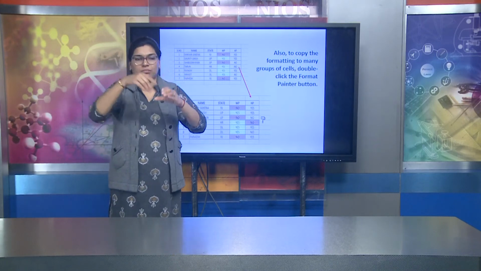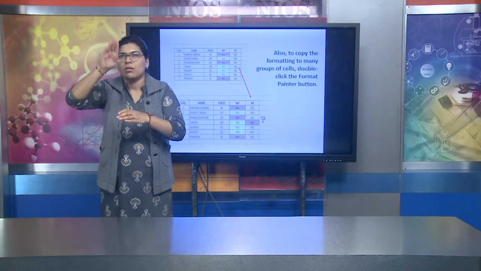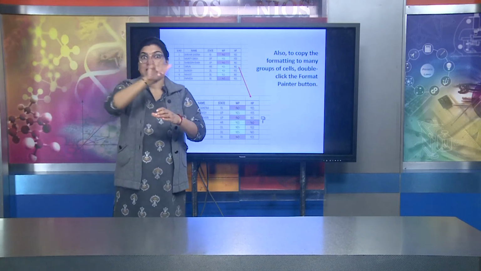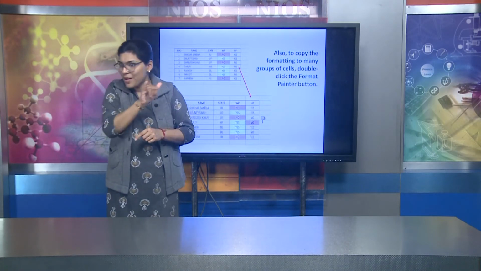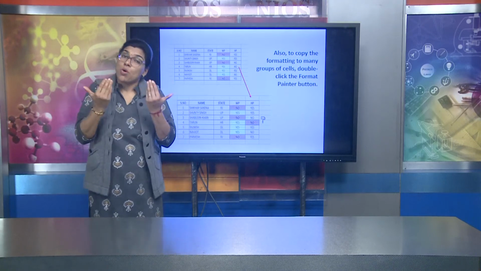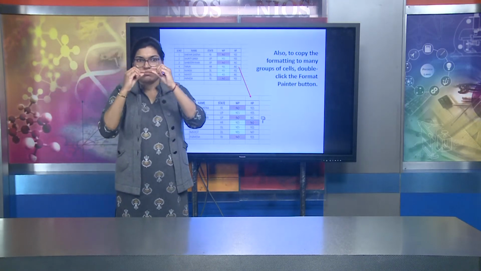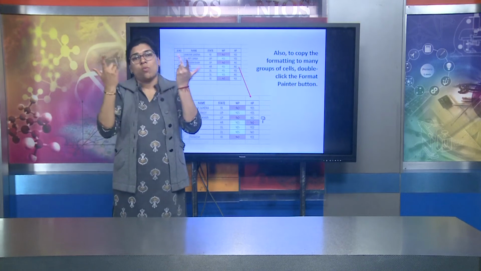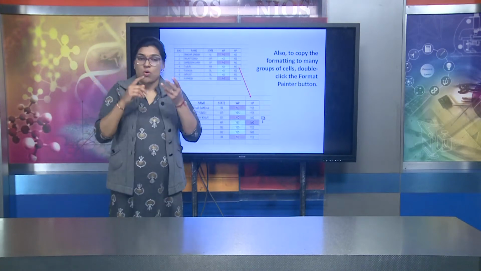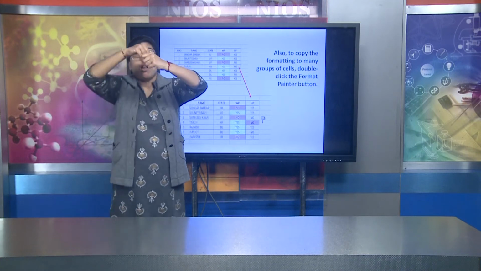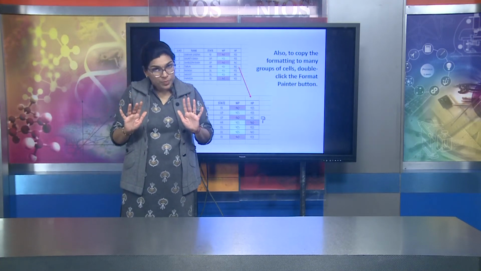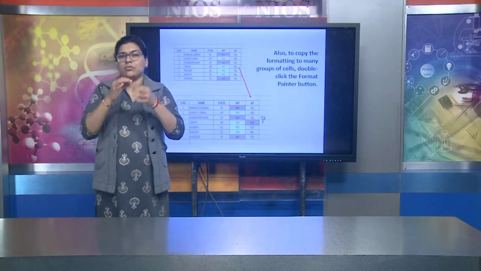If you choose different colors for the same word, it will confuse you and the person who is seeing your slide. But if you choose the right color for the right word and the right cell, you can easily identify the data and easily do the work.